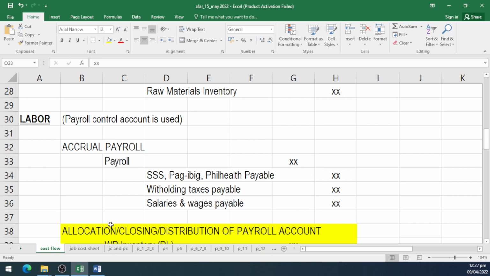But of course, if we are accounting for product cost, product costing tayo, ang pinag-uusapan nating payroll dito, syempre yung manufacturing labor or manufacturing payroll. Non-manufacturing is selling, general, and administrative expenses.